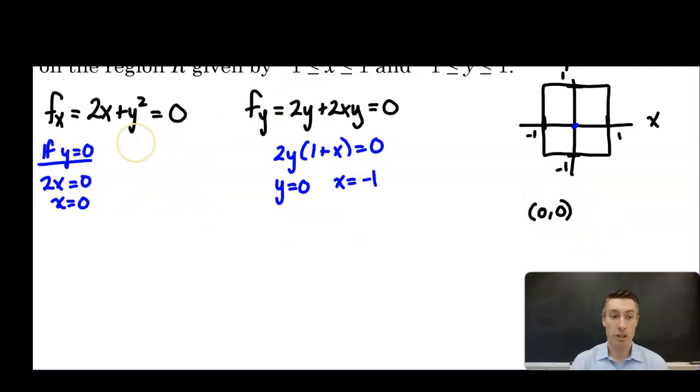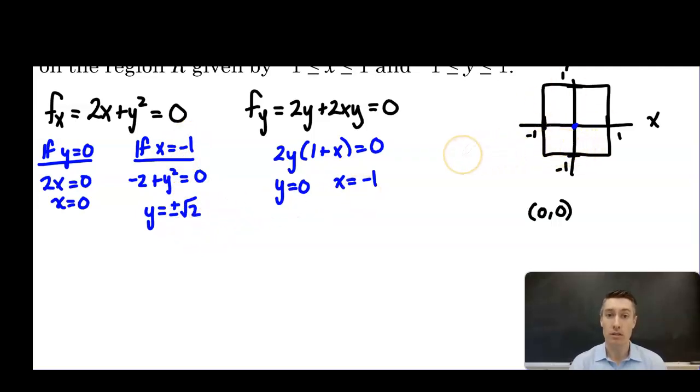And then we have to check if x equals negative 1, what happens? So we'd have negative 2 plus y squared equals 0. So that means y equals plus or minus the square root of 2. Now the points (-1, square root of 2) and (-1, negative square root of 2) are going to be outside of this region.